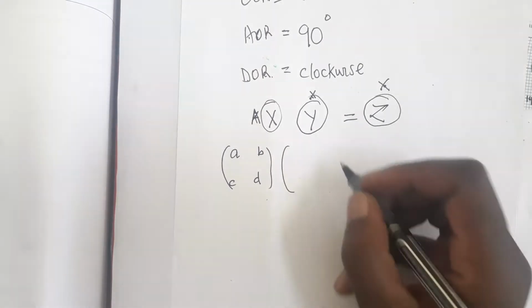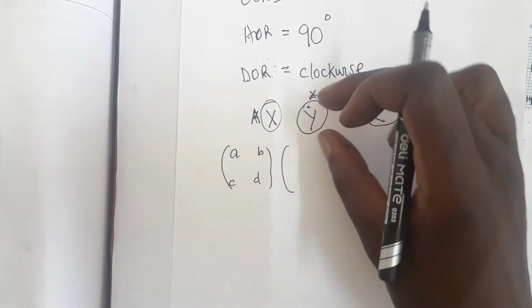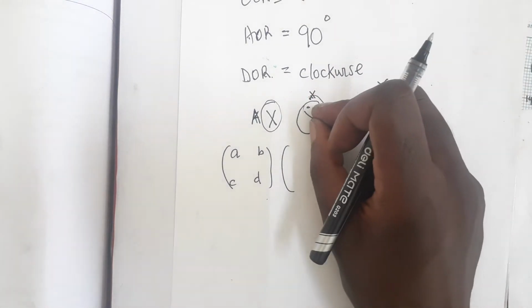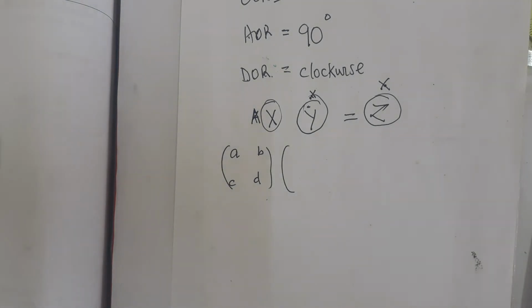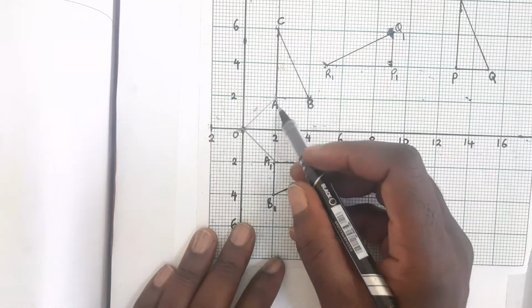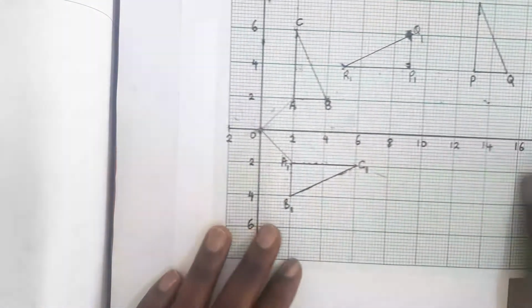Then here, this is why we are saying this y. We're going to get the coordinates of the object. The coordinates of the object here, for triangle A. So for instance, for A, it's (2, 2). The x coordinate is 2 and the y coordinate is 2.